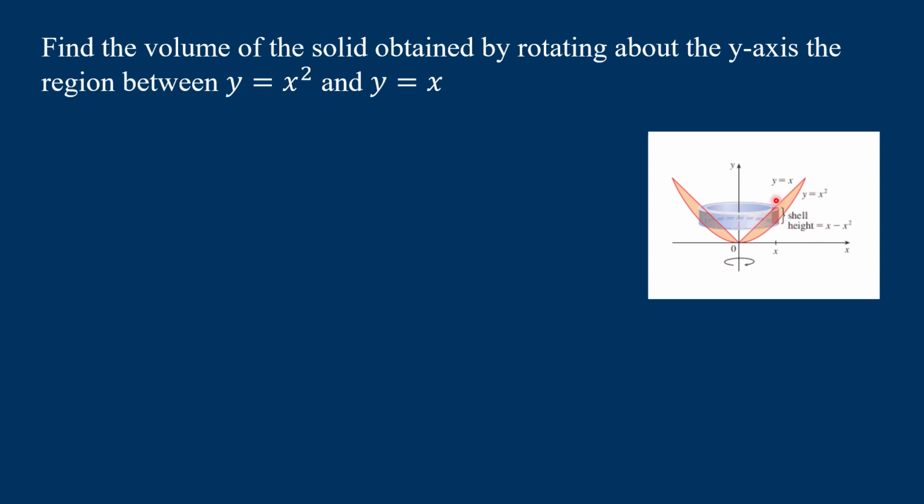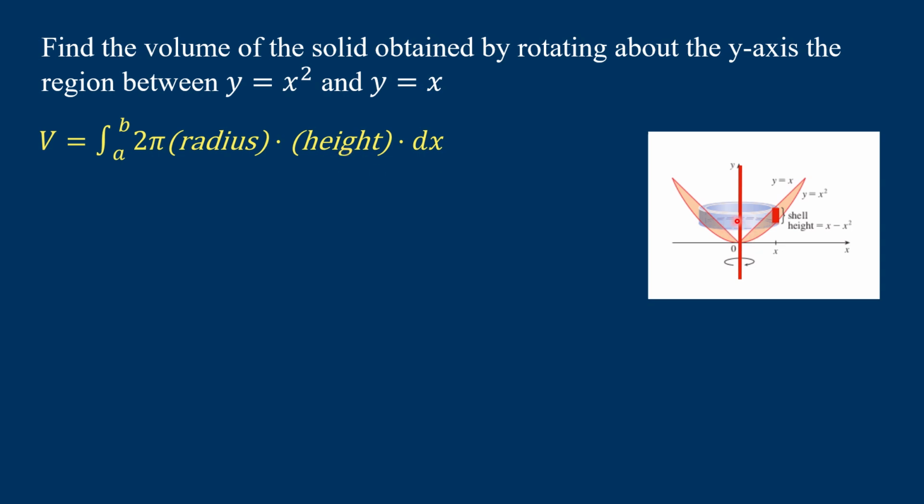Now let's rotate this region over the y-axis. You have a choice, the shell method or the washer method. Let's use the shell method, which means you draw a vertical rectangle right here, then rotate it. It creates a shell. The shell method needs 2 pi, radius and height.